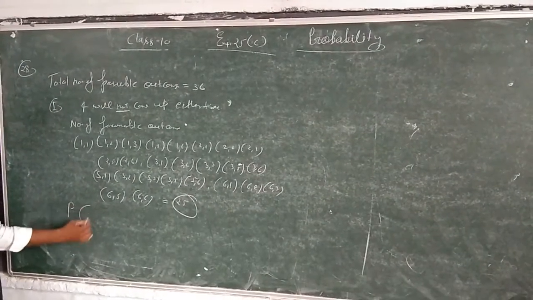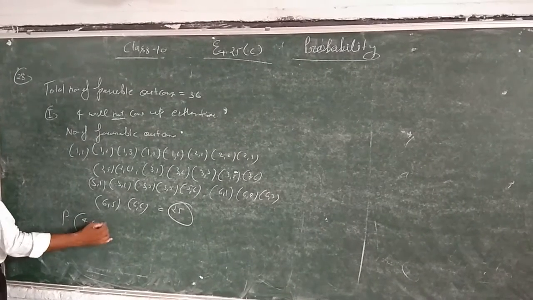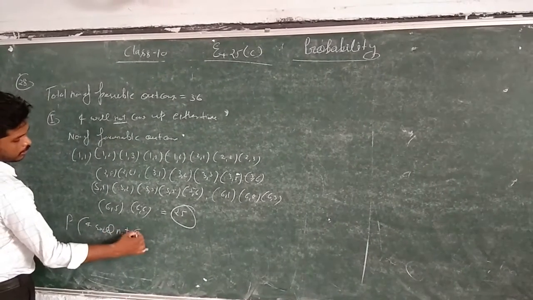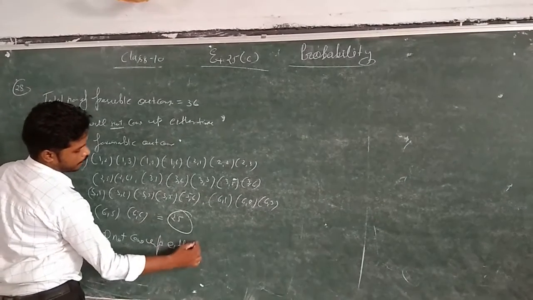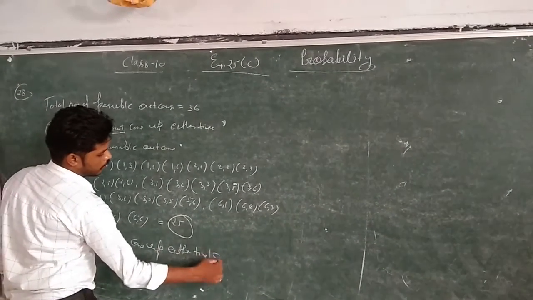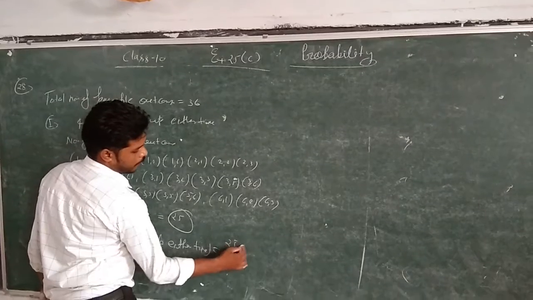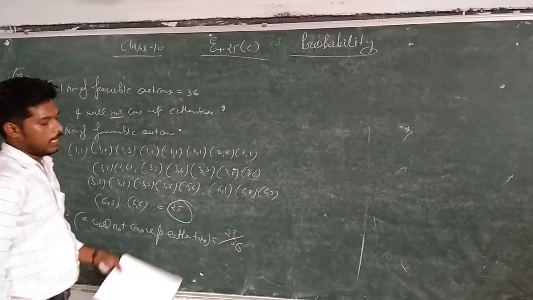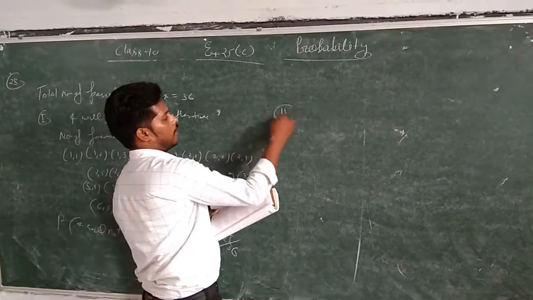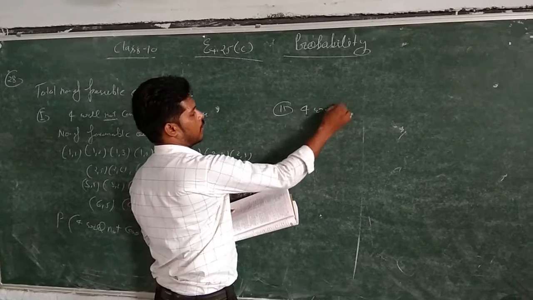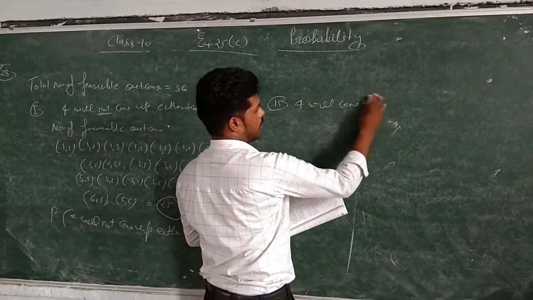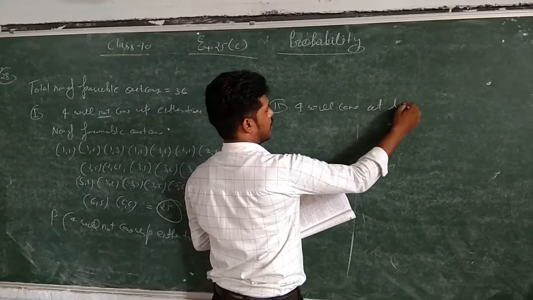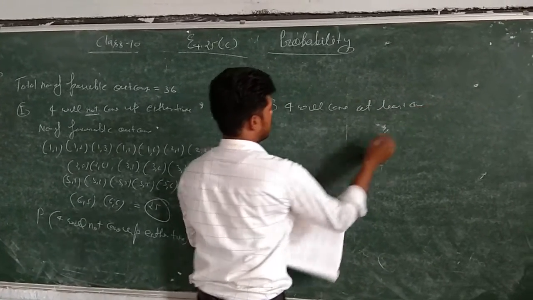So P of 4 will not come up either time is equal to 25 upon 36. And the second point is asking 4 will come up at least once.